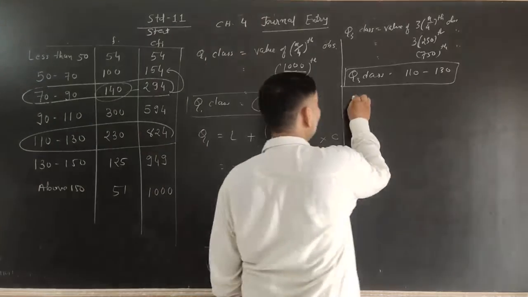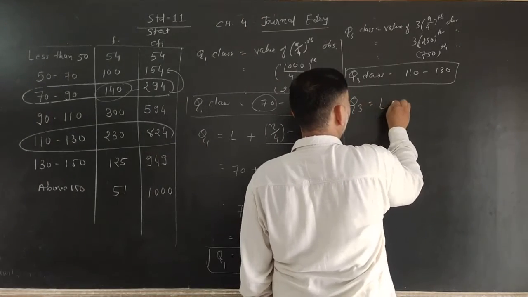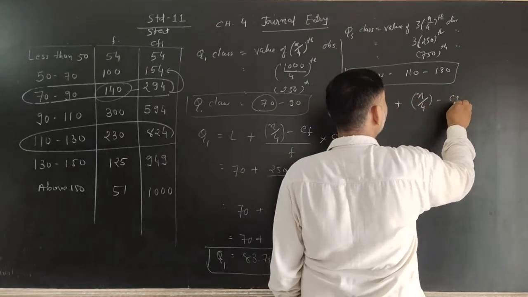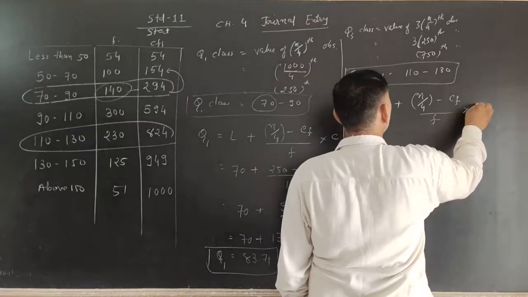Now to find the value of Q3: Q3 is equal to L plus 3 into n by 4 minus CF divided by f, into c.